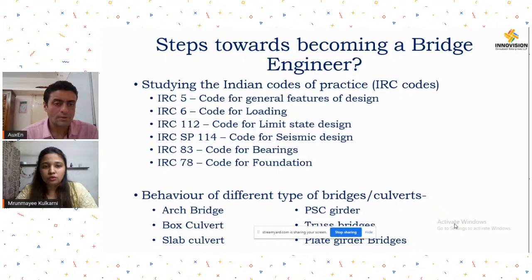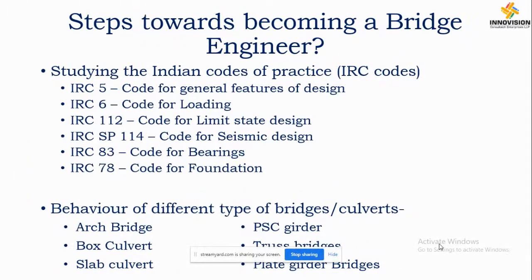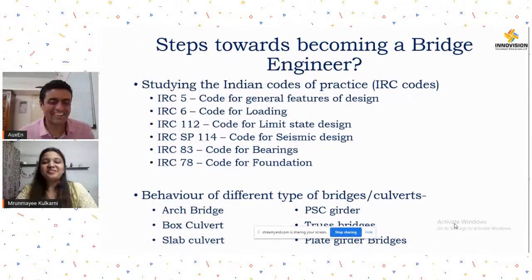You have to consider this loading on your bridge, and to get the idea of how your structure behaves when a vehicular load passes through the structure, you must have some idea about influence line diagrams, which we learn in BE, then forget. But if you want to enter this field, you should know what influence line diagrams are, because influence line diagrams are essential for variable loads.